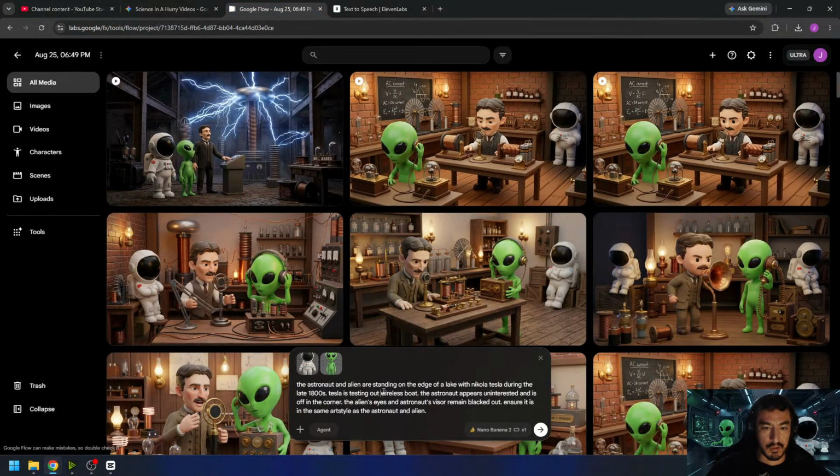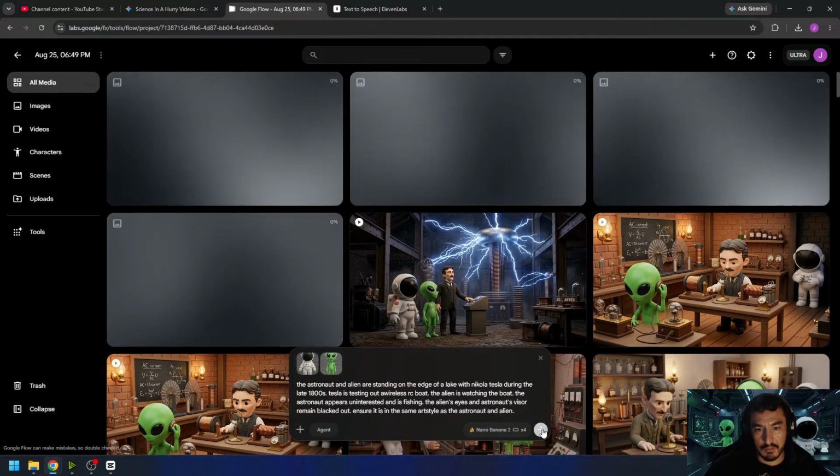Tesla is testing out a wireless sea boat. The astronaut, what do we want him to be doing? Let's have him fishing. The astronaut appears uninterested and is fishing. Alien is watching the boat. Let's give that a shot.